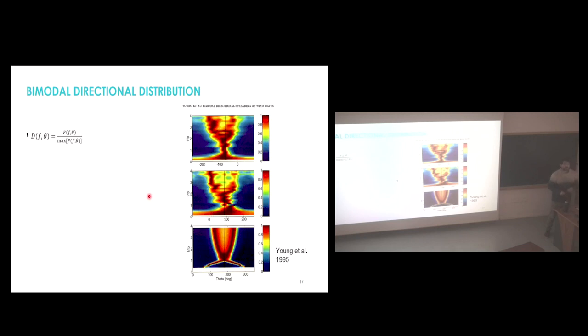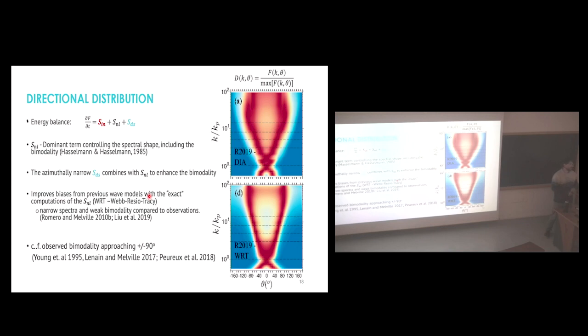And of course, ST4 and ST6 are unable to reproduce that because their bimodality is not as broad. And this is the bimodality that comes out with my breaking parameterization. So you have very enhanced bimodality reaching about plus or minus 90 degrees at high wave numbers.